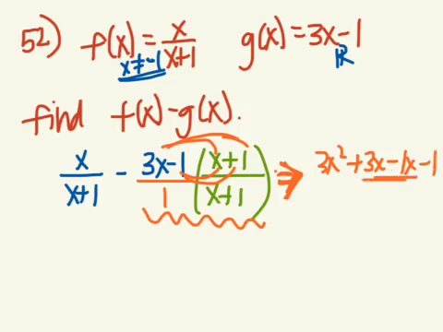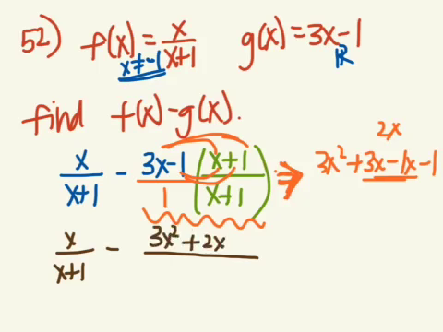And if we put those two together, it'll give us 2x. So cleaning that up a little bit, we're going to have x over x plus 1 minus 3x squared plus 2x minus 1 all over x plus 1.